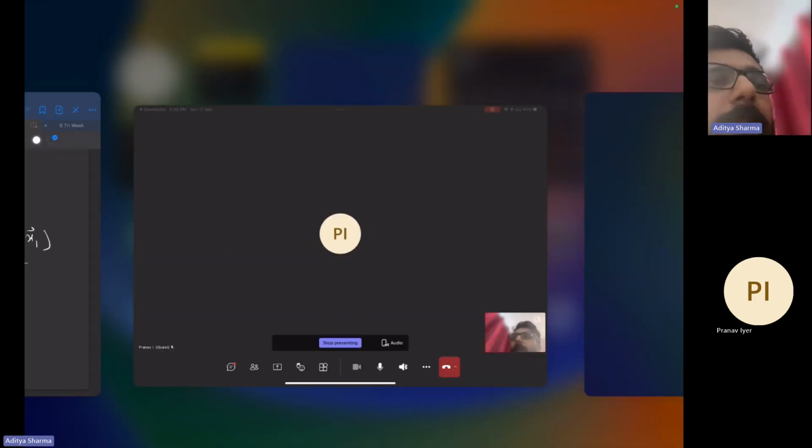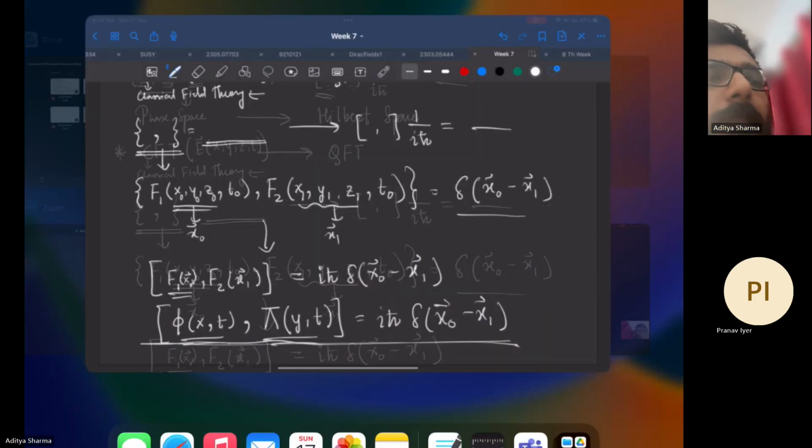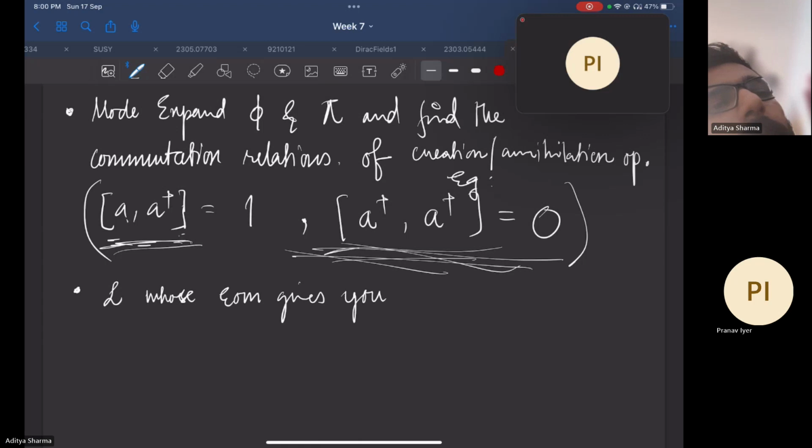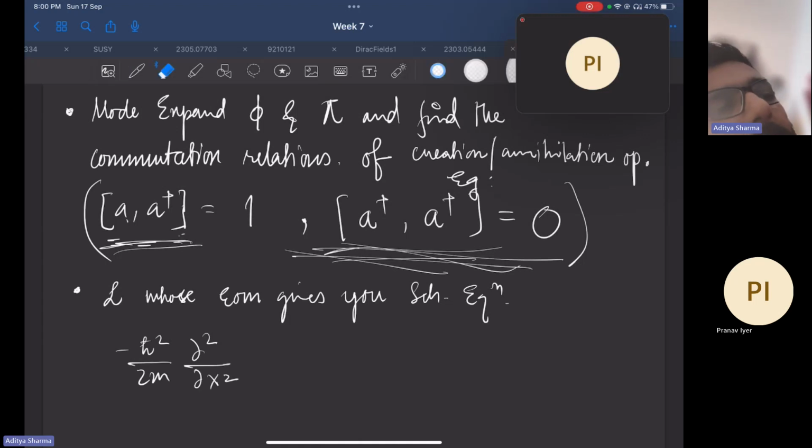The way in which you are finding the Lagrangian, right? There is some Lagrangian, I don't remember which, whose equation of motion gives you the Schrodinger equation. The Schrodinger equation looks like minus h cut square by 2m del square psi, let's write in 3 dimensions.